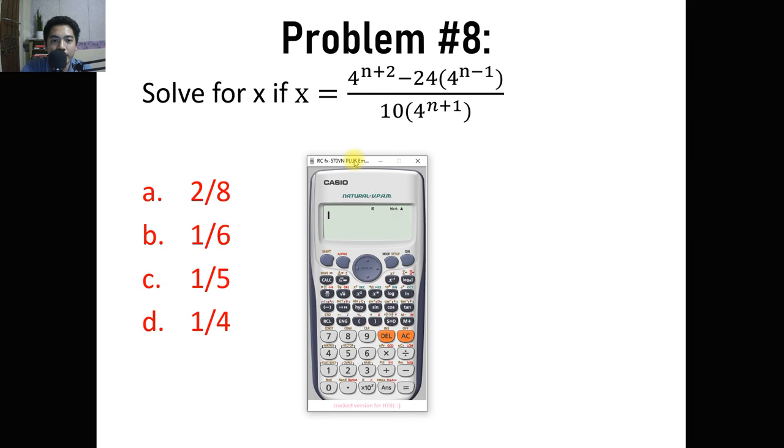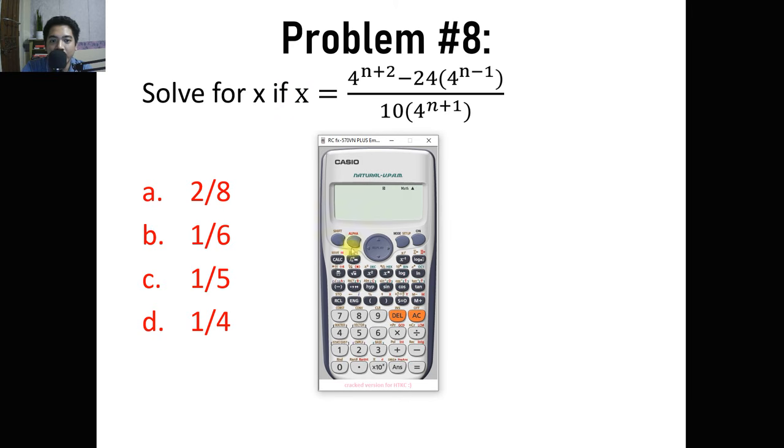We have to just let a value of n in our expression in order for us to find the x. This is in terms of n. We don't have any variable n in our calculator, but we can replace it by the value of x. So that's why we're going to solve for it.